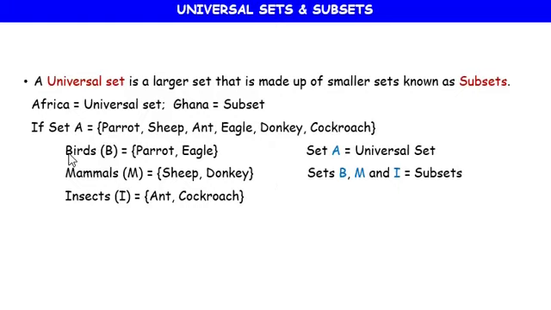So let's look at this typical example here. If we have set A equal to parrot, sheep, ant, eagle, donkey, and cockroach.